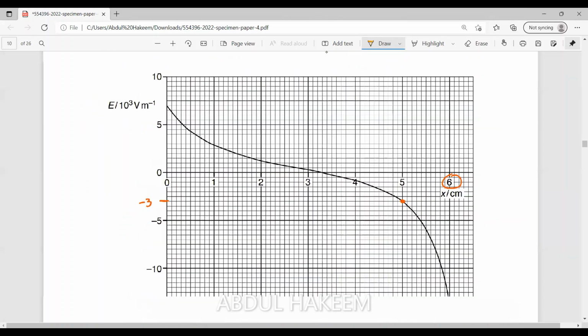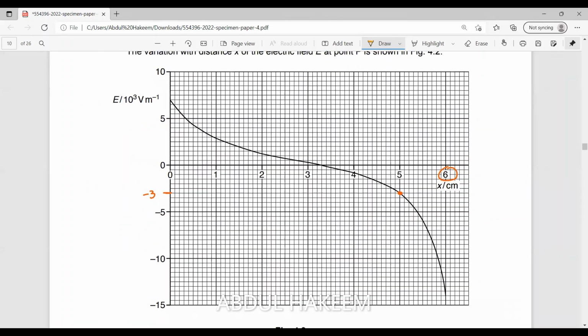Look at the graph. One side is positive, the other side negative, and here it is 0. The resultant electric field is 0. So look, if this is a positive sphere, when the electric field is drawn, this is a neutral point. Here the electric field is 0.